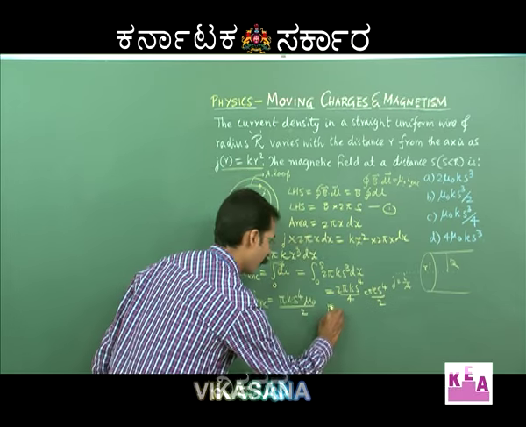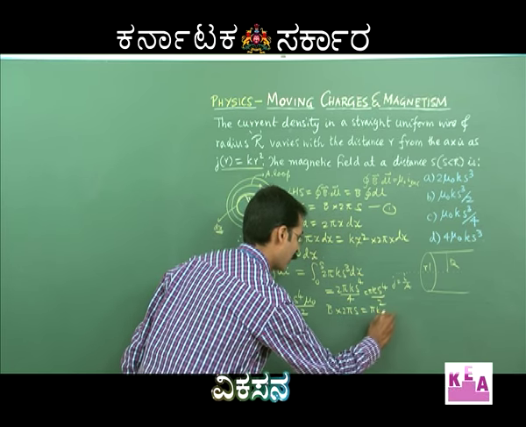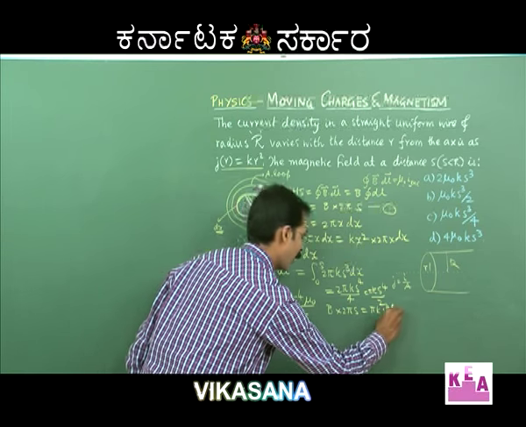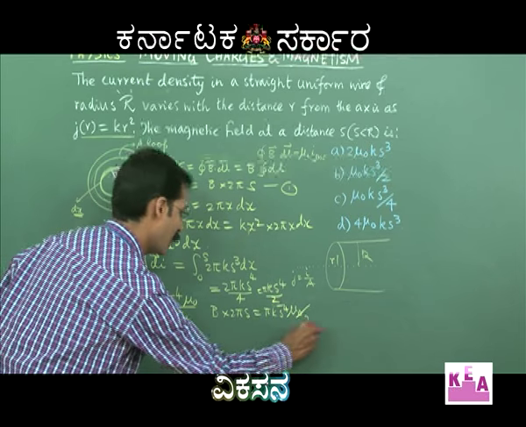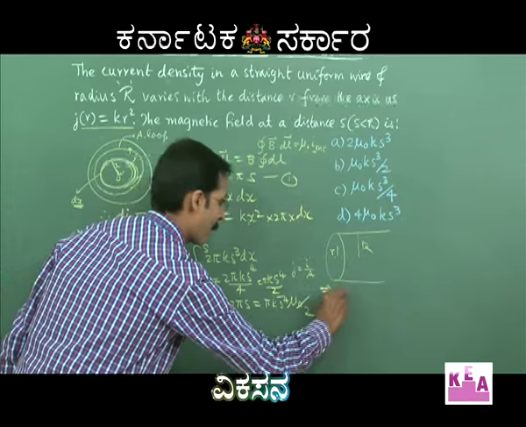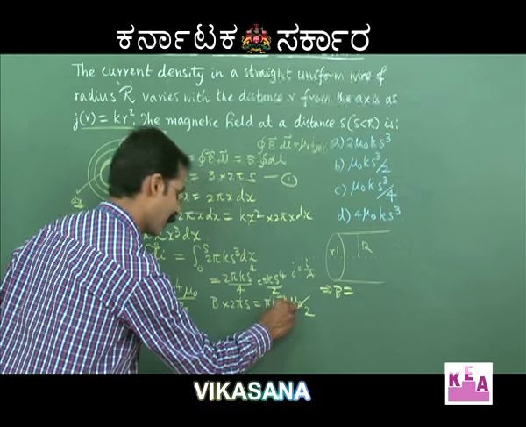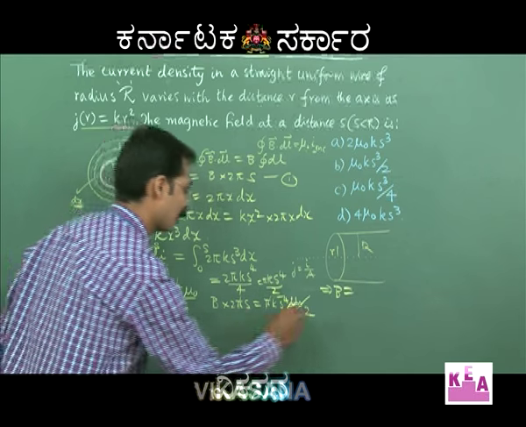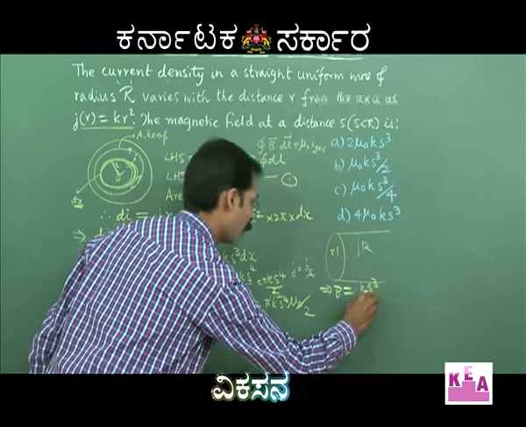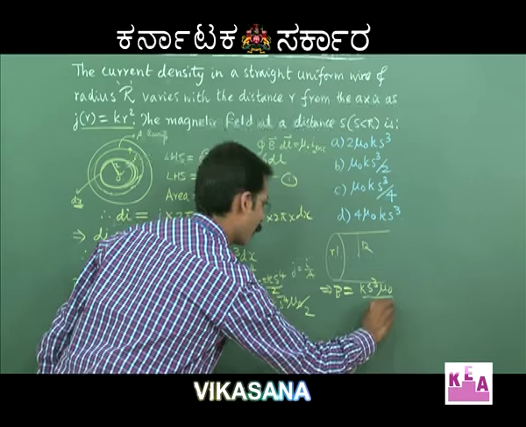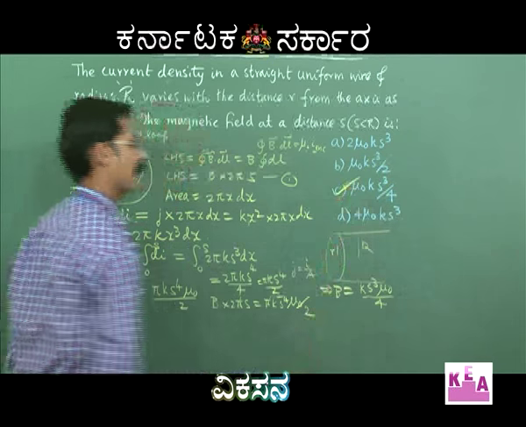It gives me B into 2 pi s is equal to pi k s power 4 mu naught divided by 2, which gives you B is equal to, pi gets cancelled, one of the s gets cancelled, 2 cross multiplies, k s cube mu naught divided by 4. The answer is C.